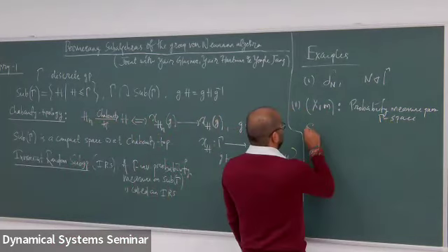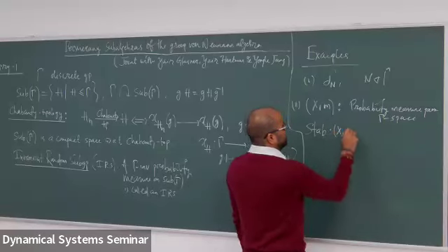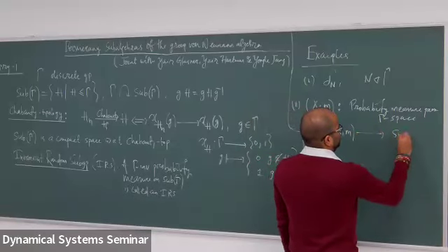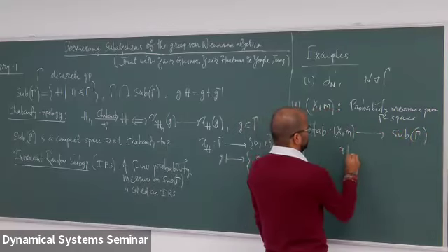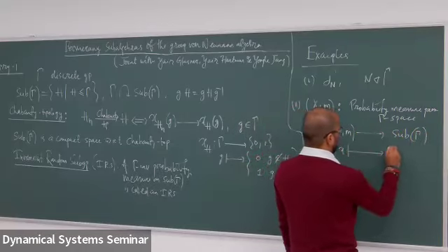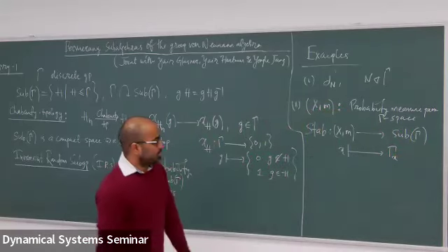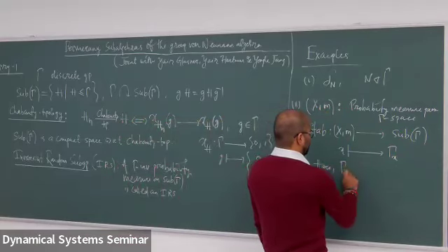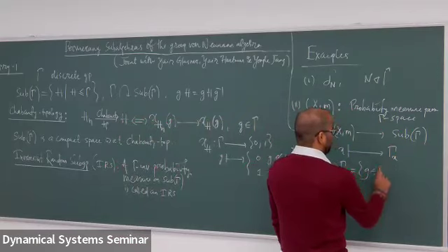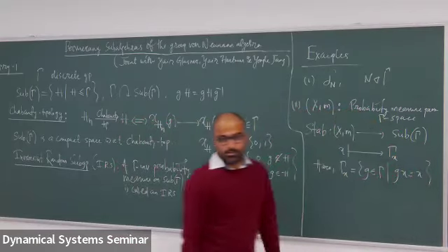Now what I can do is define the stabilizer map from X to Sub(Gamma). To each x I assign the corresponding fixed elements. So Gamma_x here is all those g in Gamma such that gx is x. These are fixed points.